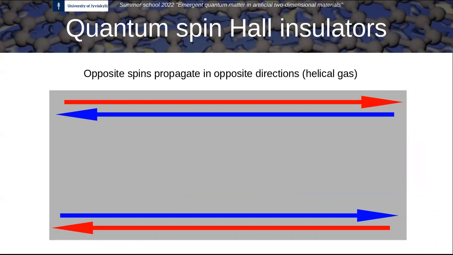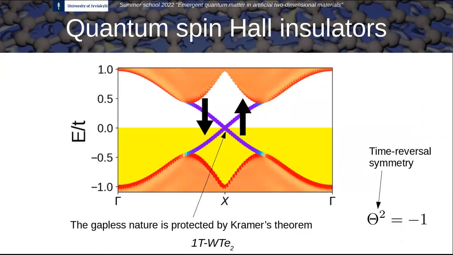And of course, what we have in these quantum spin Hall insulators is that the different spins propagate in opposite directions in the sample. And when you look at an electronic band structure, you essentially see something like this. So you see a crossing between the up channel and the down channel. This crossing appears, and it is related to states that live on the same edge.